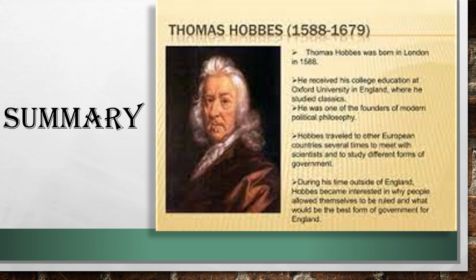To escape this state of nature and to avoid war, man is endowed with reason and rational self-preservation. These are known as laws of nature, which play an important role to transform the state of nature into a civil society.